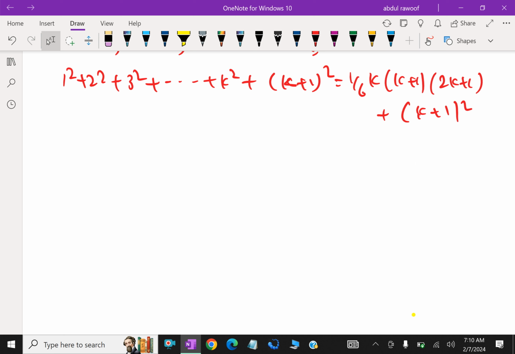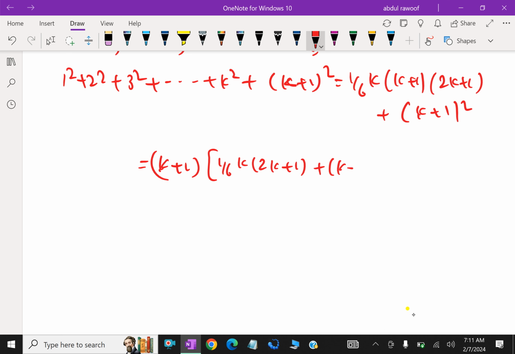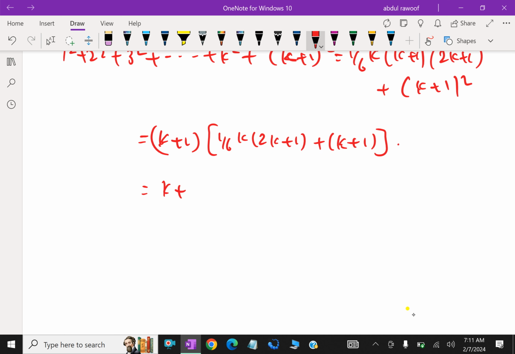Then, which is equal, k plus 1 is a common factor, which gives 1 over 6 into k plus 1 into k into 2k plus 1, because k plus 1 is common out, plus 6 times k plus 1.